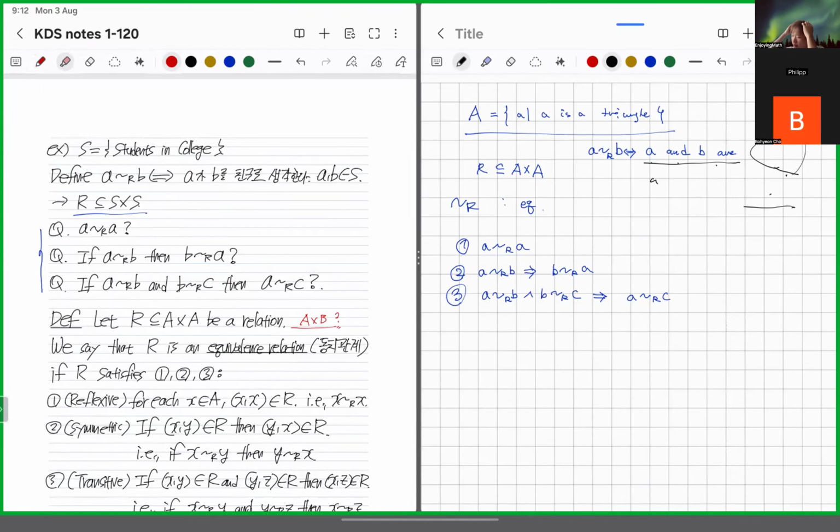So I'm thinking, imagine we're trying to make a proposition which would describe a relationship. Then we would say if both A and B are triangles, then they are equivalent. It's like a proposition you can make, right? So we define whether they are equivalent based on the criterion that they are both triangles.